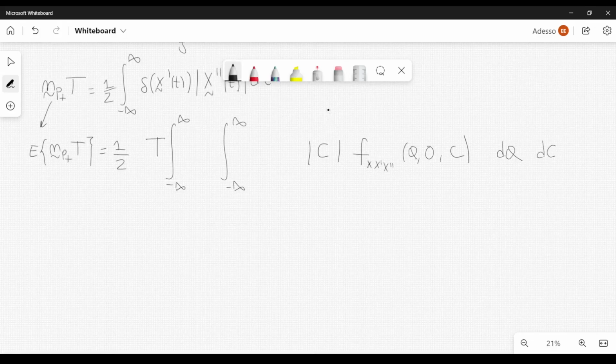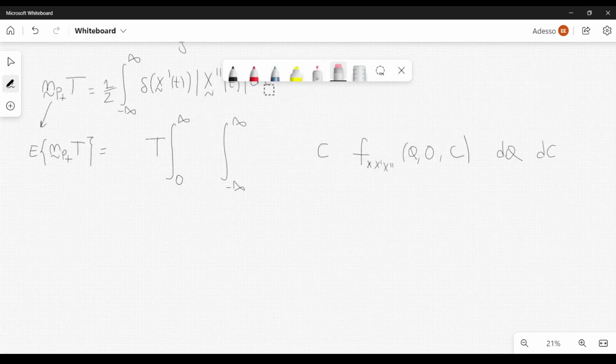And also, finally, instead of integrating over c from minus infinity to plus infinity, I'm going to integrate from 0 to infinity. And for reasons of symmetry, I have to multiply by 2. So I will get rid of this 1/2. And I can also write the absolute value simply as the value itself, c, because c will be greater than or equal to 0 in this case.